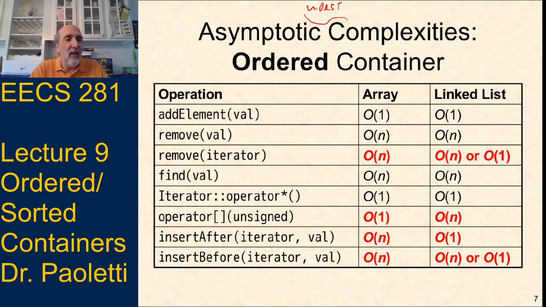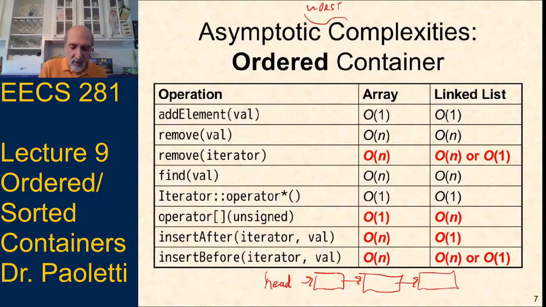Now, the linked list says O of n or O of 1. Well, how can the worst be one or the other? It depends on our type of linked list. So I've got a head pointer for my linked list, which points to a node, which points to a node, and so on. And I give you an iterator to this node, and I say, get rid of that node.